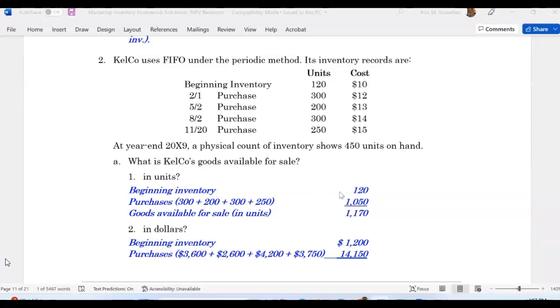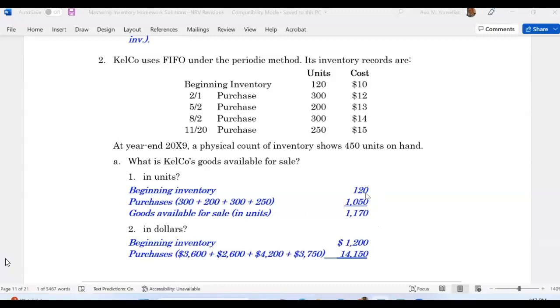In units, we know that it's 120 units and it's 450 units on hand. So that means we sold all this stuff, 1,050. So goods available for sale is 1,170.